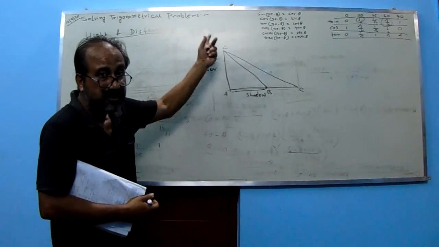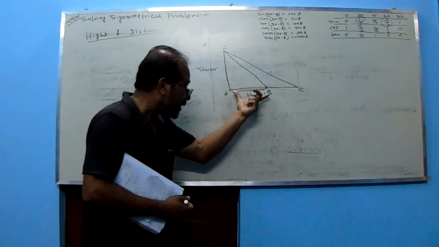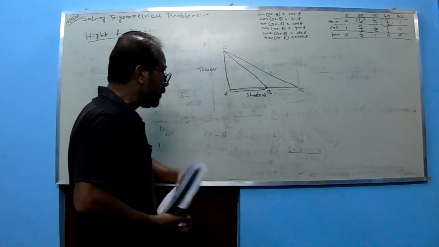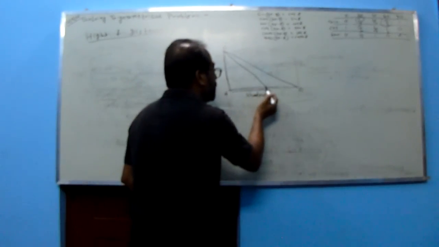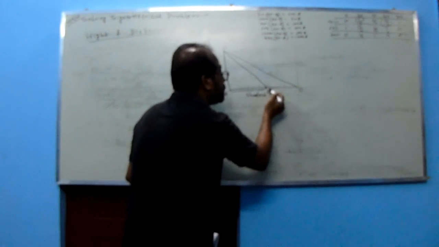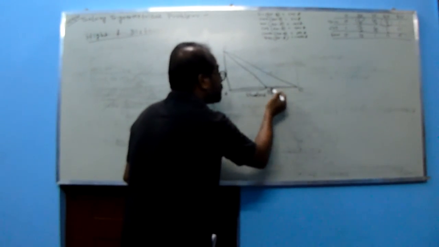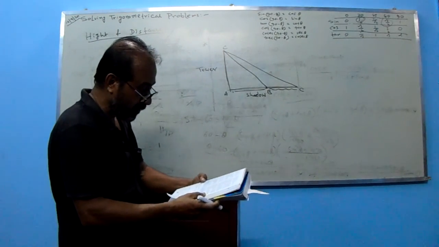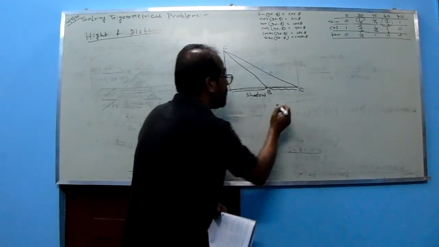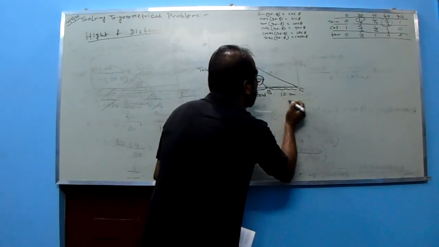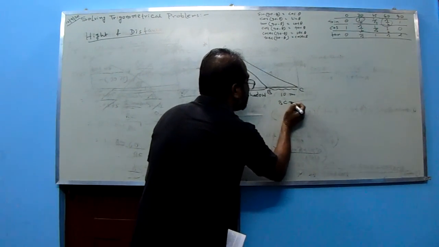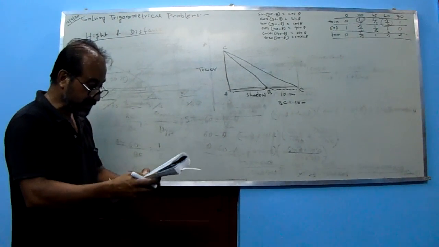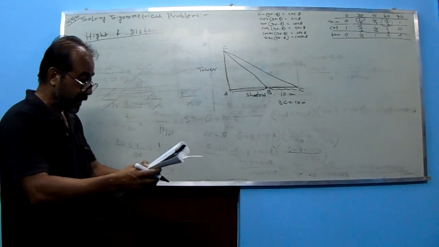Because the sun is changing its position, so the length of the shadow is simultaneously changing. From AB to BC, the increase of the shadow is 10 meters. So BC equals 10 meters.